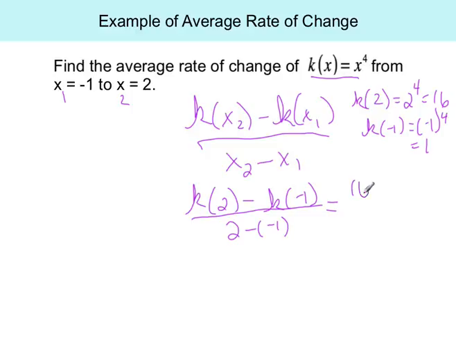We have 16 minus 1 all over 2 minus a negative 1, which is 3. So that becomes 15 over 3, or 5. So my average rate of change between x equals negative 1 and x equals positive 2 is just 5. Again, that's the slope of my secant line between x equals negative 1 and x equals positive 2.